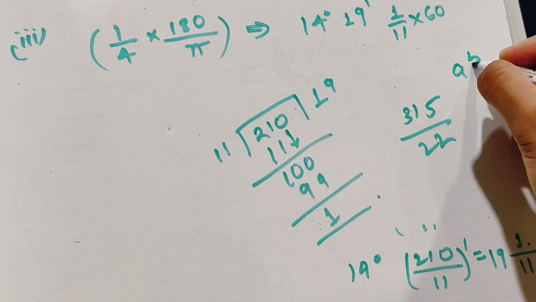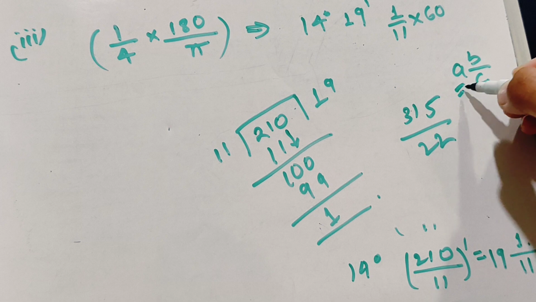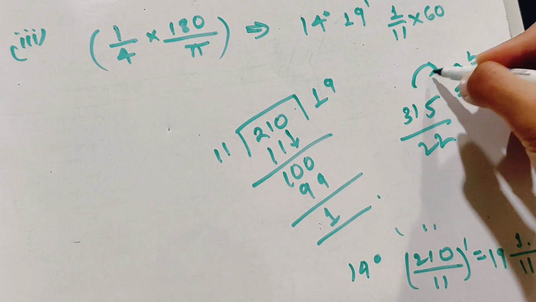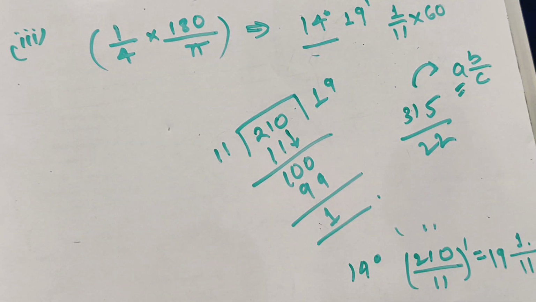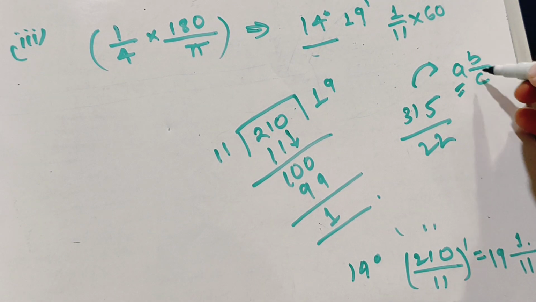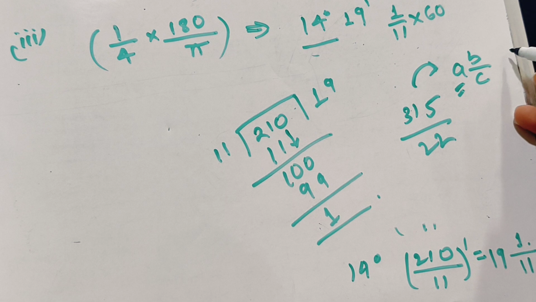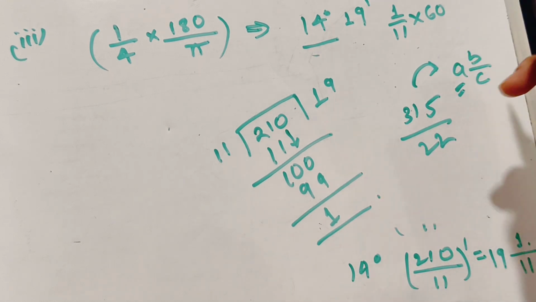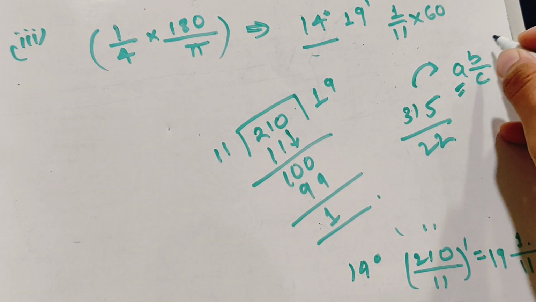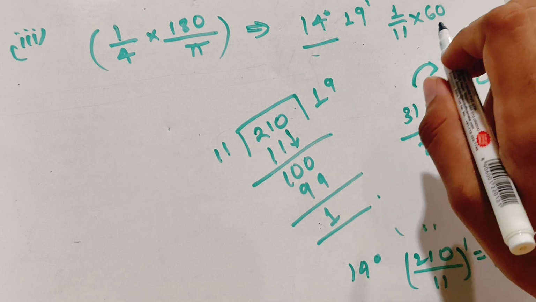Now we had it like this. So this portion that we got on converting it to mixed fraction became the degree. Then this part was left, so we multiplied it with 60 to get it in minutes, because we know that 1 degree is 60 minutes. So we multiplied this portion with 60 and we got another fraction.